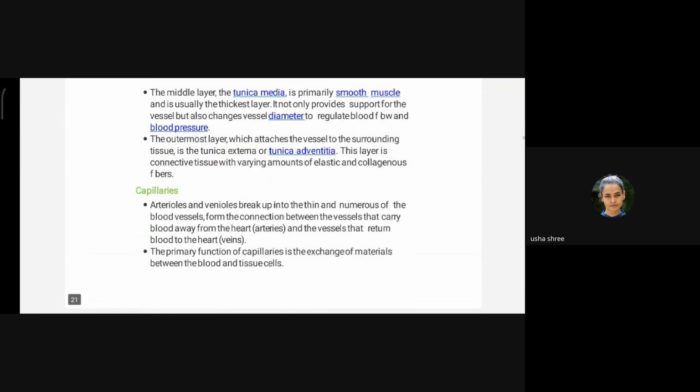We have already learned what arterioles are: when an artery is divided or branched further, and the branches are no longer seen with the naked eye, they are known as arterioles. Same thing in the case of veins. So arterioles and venules are commonly known as capillaries.